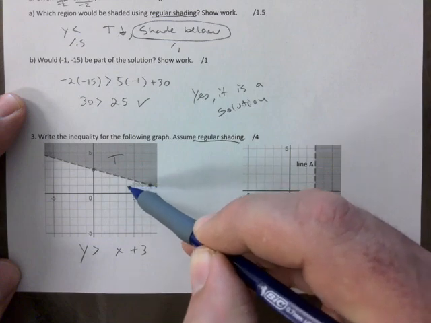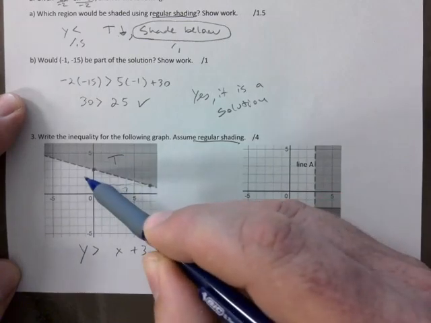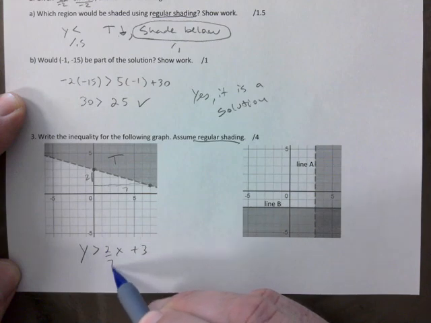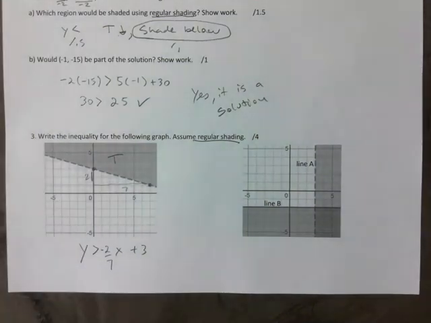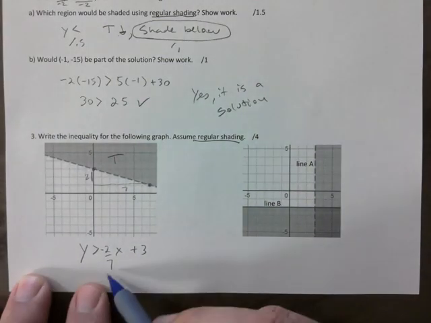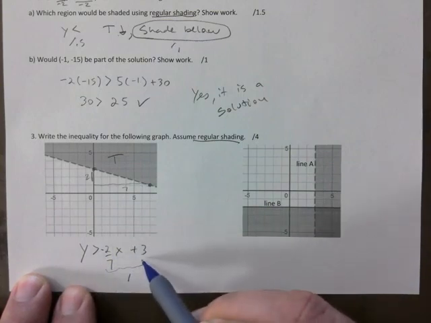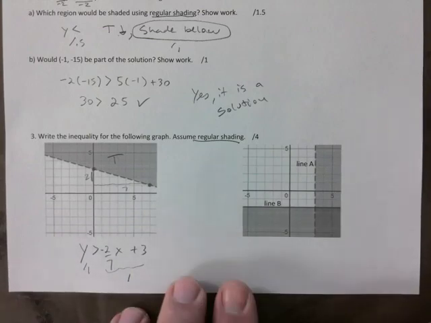So this is 1, 2, 3, 4, 5, 6, 7 this way. And 2 going up. So this would be 2 over 7 negative, because it's dropping from left to right. So 1 mark for the proper slope and intercept, and 1 mark for the correct symbol.